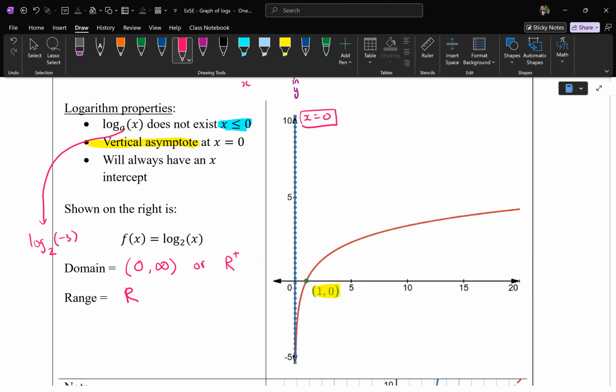Why can't I do log base 2 of negative 3? That is correct. On the graph, we can see it only goes closer to 0 but never equals 0, and can never have a negative. But looking from what you understood from exponentials, what is log 2 of negative 3 as an exponential or indices?